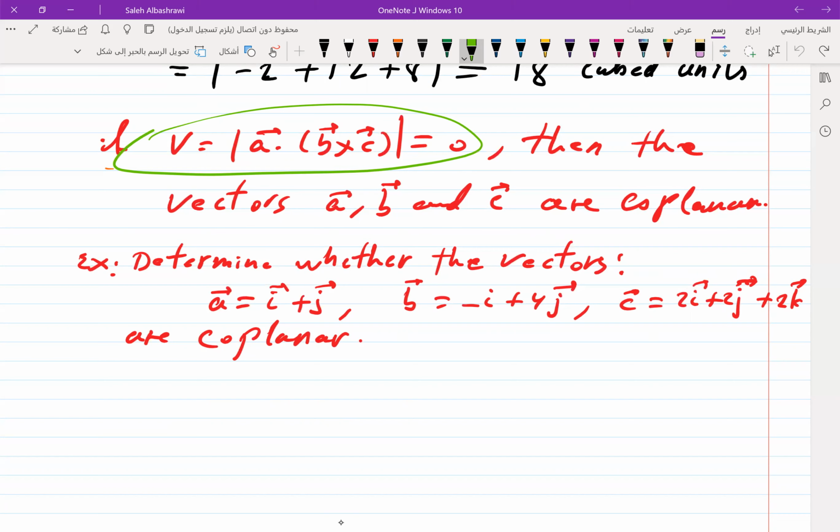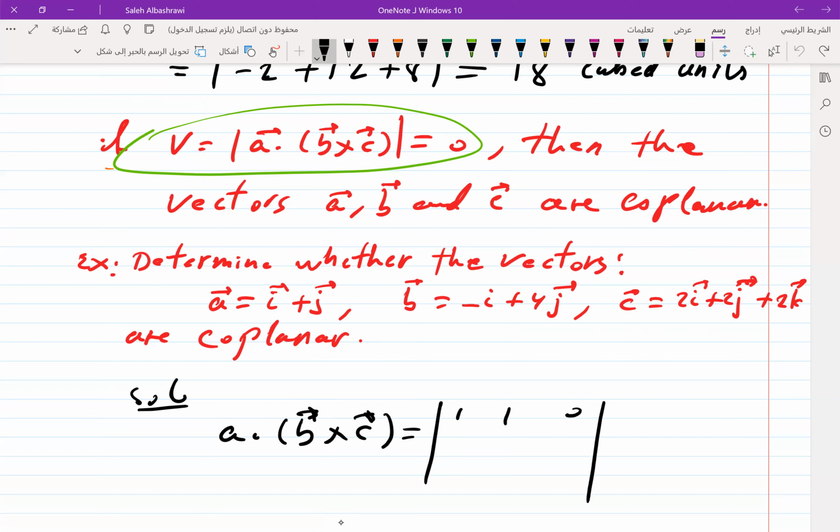So we need to find A dot B cross C. This is the scalar triple product, given by the determinant with A1, A2, A3 being 1, 1, 0, B1 is minus 1, B2 is 4, B3 is 0, and C is 2, 2, and 2.